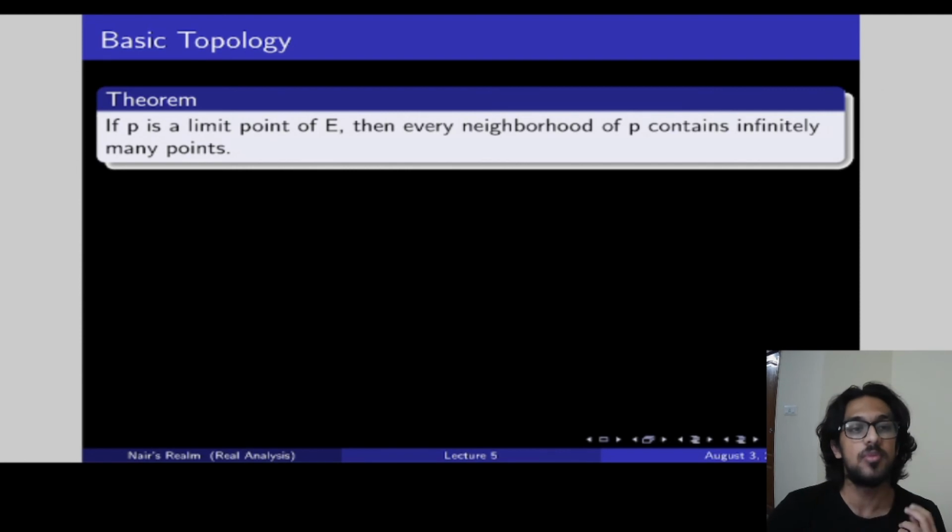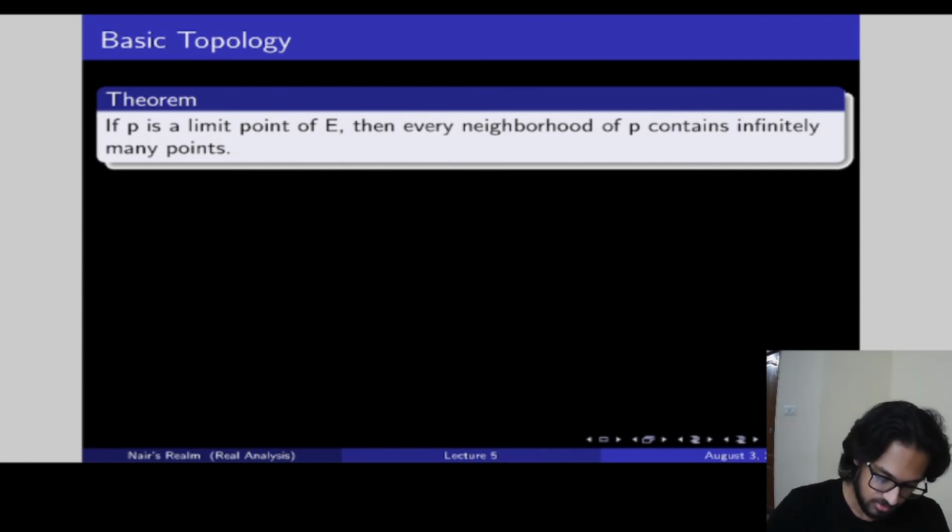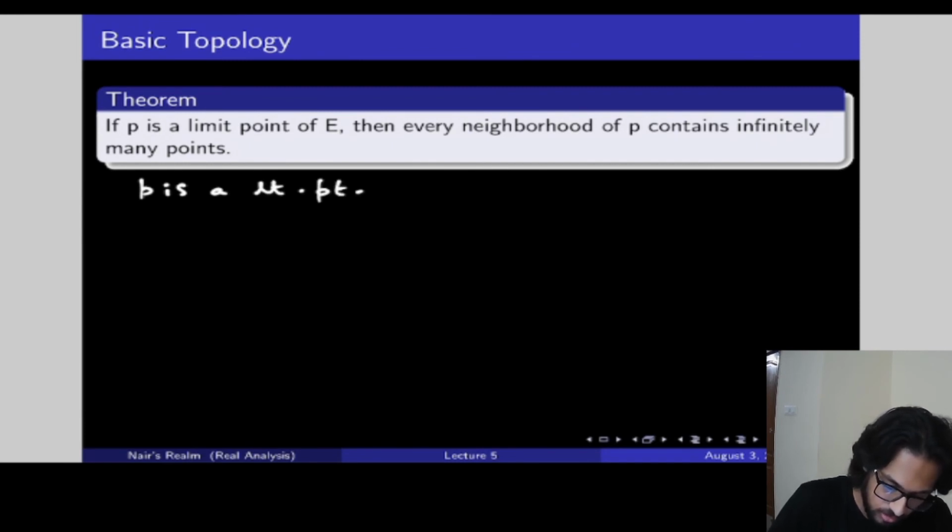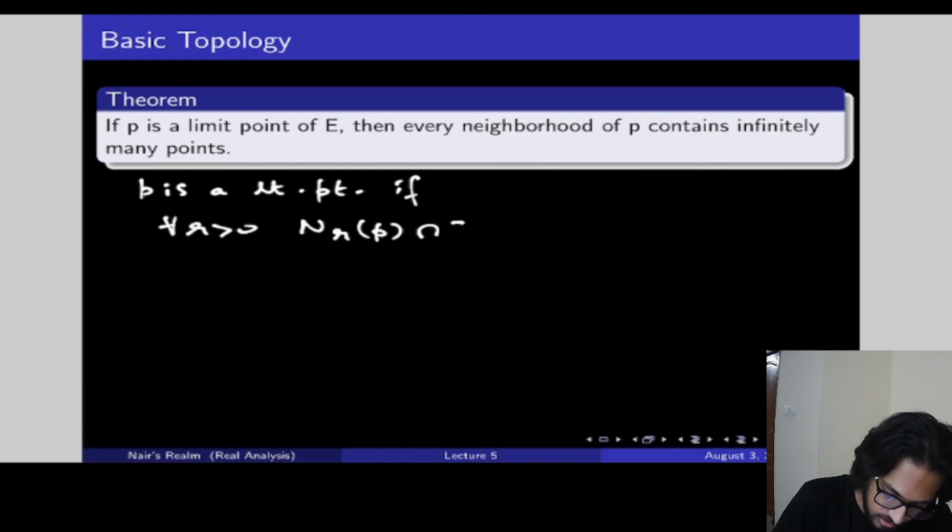Cool. So now we're going to deal with this theorem, which in my opinion is the best and most beautiful way to think of a limit point. We already discussed the definition: P is a limit point if for all r greater than 0, N_r(P) intersection E minus P is non-empty.